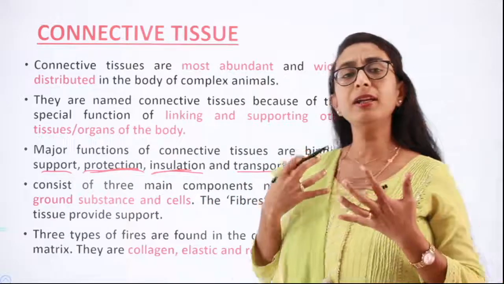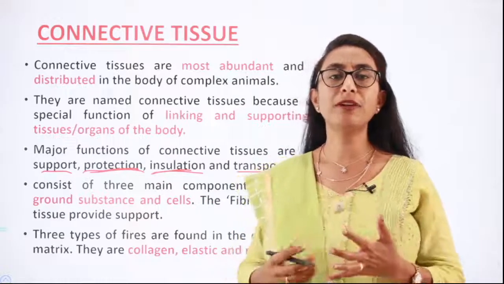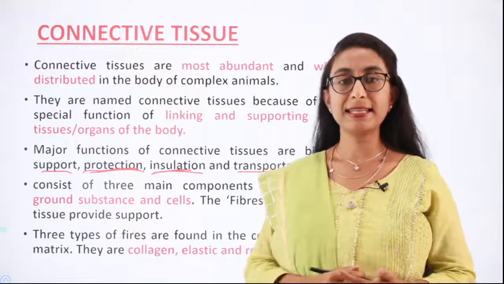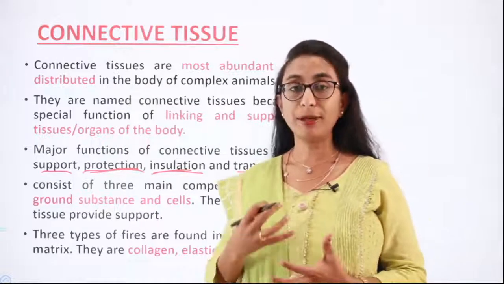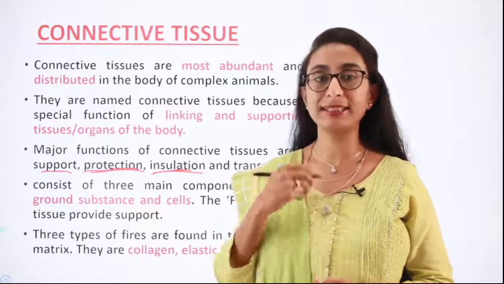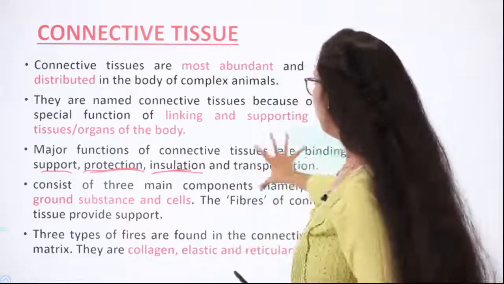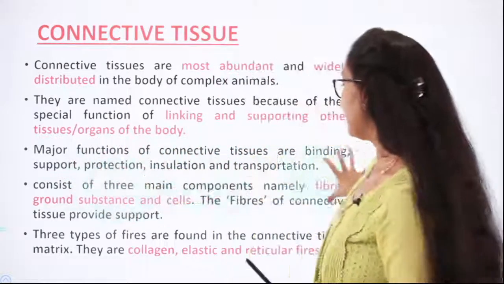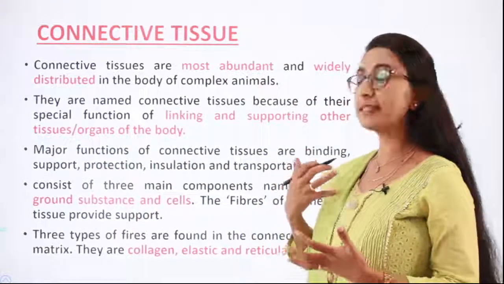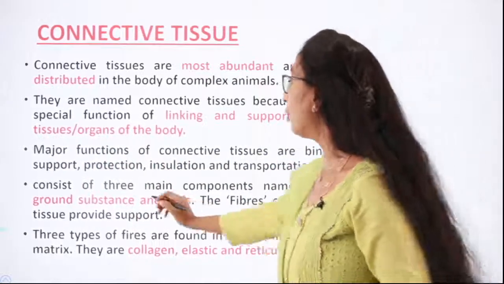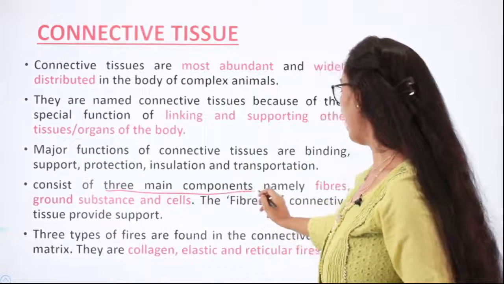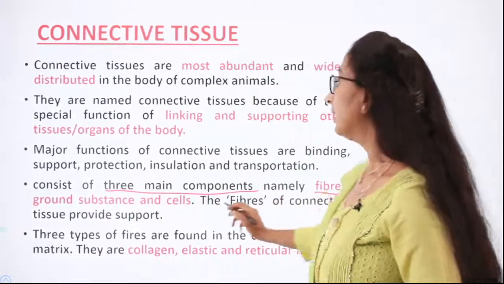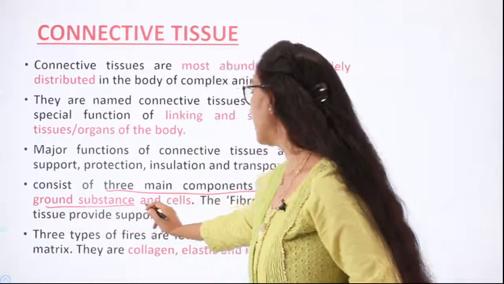So what does the connective tissue consist of? It consists of cells which secrete fibers and modified polysaccharides. The connective tissue is made up of 3 important components: the fibers, the ground substance and the cells.